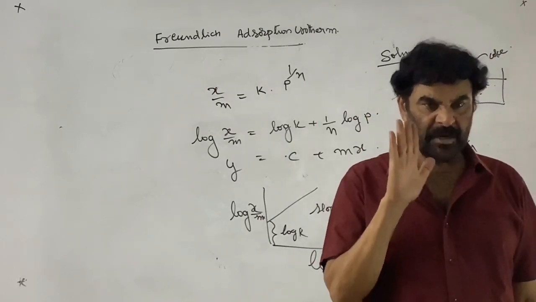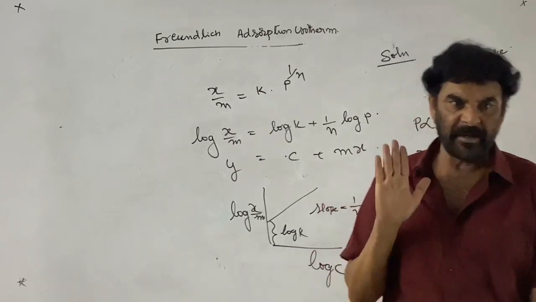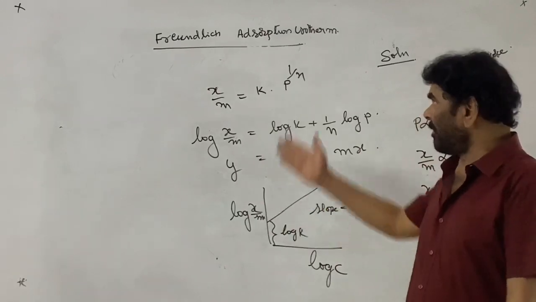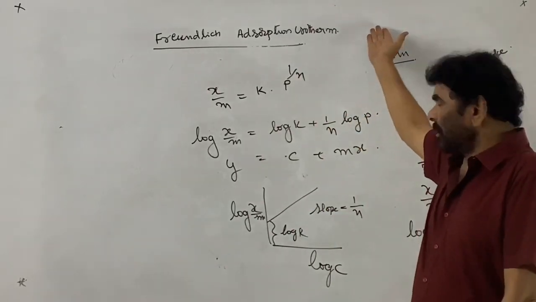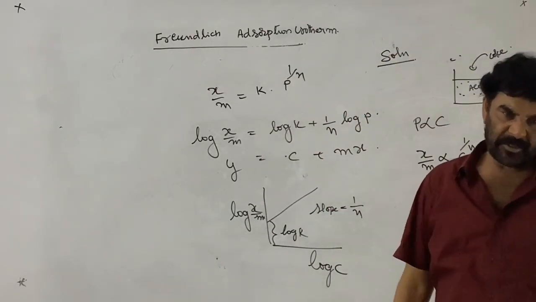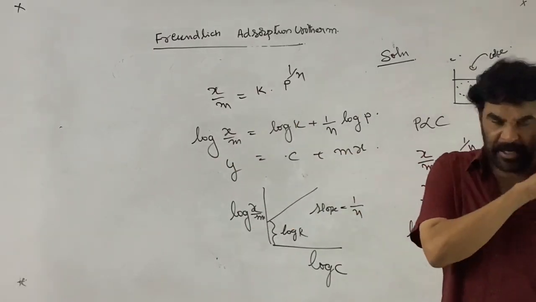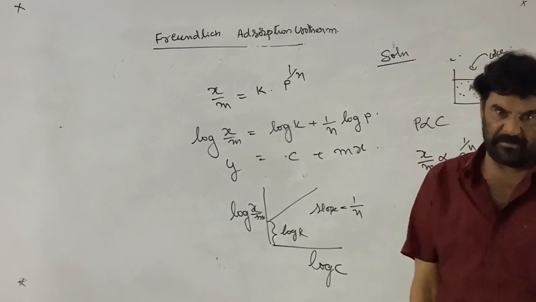So this is the observation made by Freundlich. That observation is stated in the form of the isotherm law called the Freundlich adsorption isotherm. It is not supported by any theory; it is only based on observation.